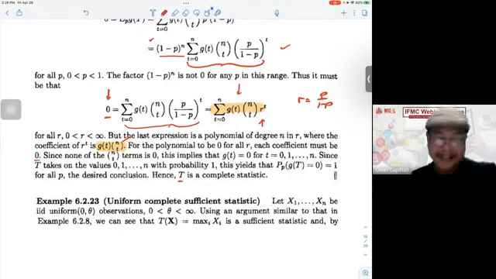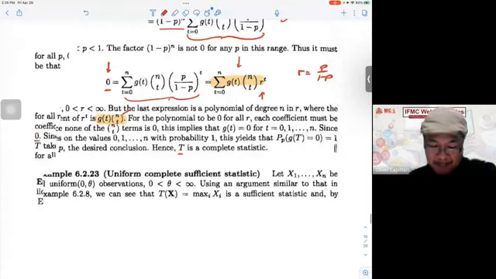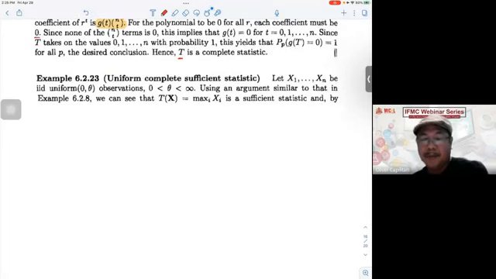Okay, let me continue. Example 6.2.23. In this case, we have a uniform complete sufficient statistic. Let X sub 1 up to X sub n be IID uniform 0 to theta observations, where theta is greater than 0 but less than infinity.